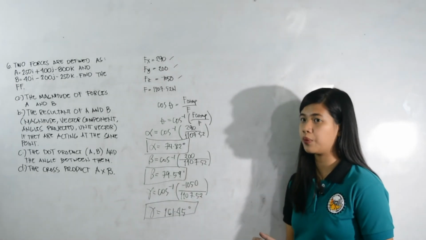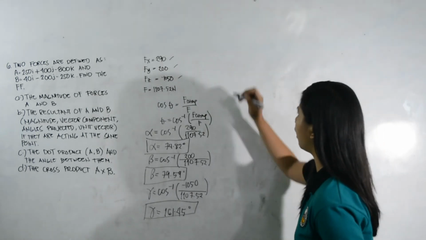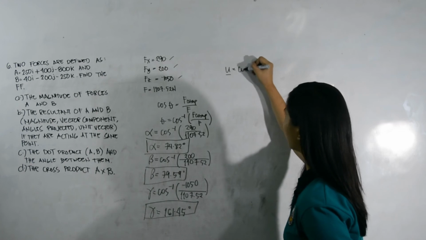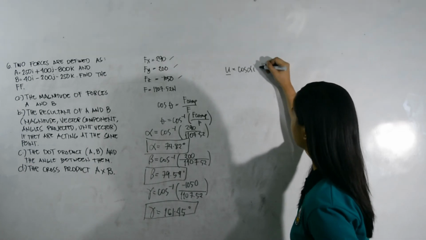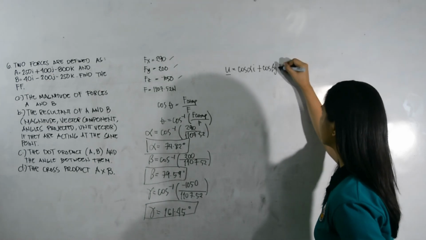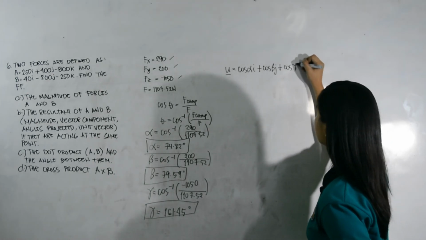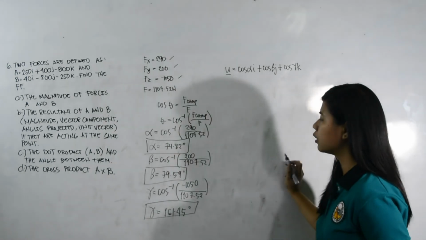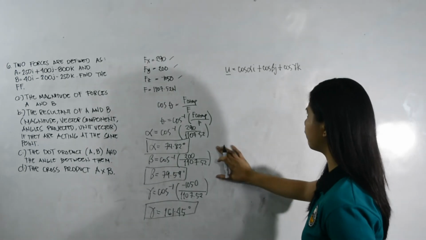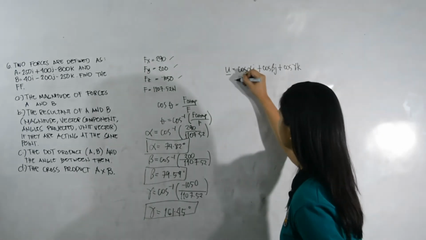And now, for getting our unit vector, we have this formula of u is equal to cosine alpha I plus cosine beta j plus cosine gamma k. You will just simply substitute the following given to the equation.